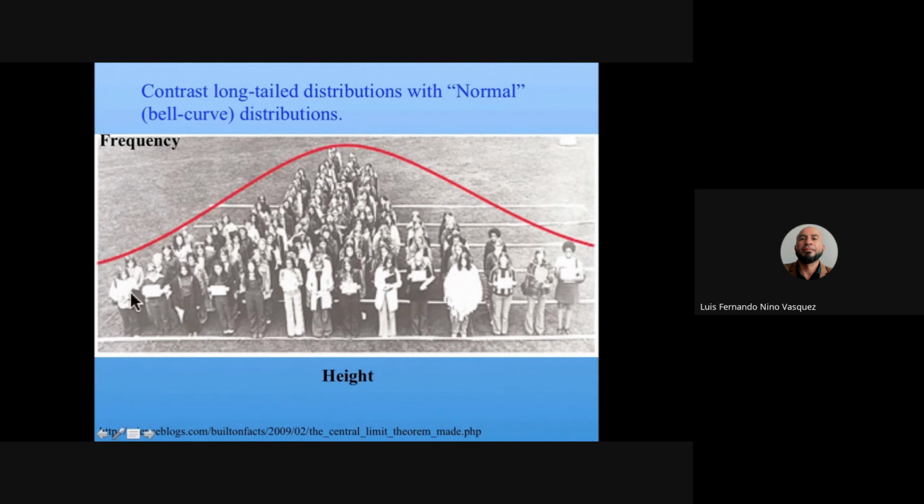Most people are average. This normal distribution does not have a long tail. This goes to 0 very quickly on either side. A power law distribution or a long tail distribution does not go to zero. It has a long tail that drops off. And this has some really important implications for real world networks.